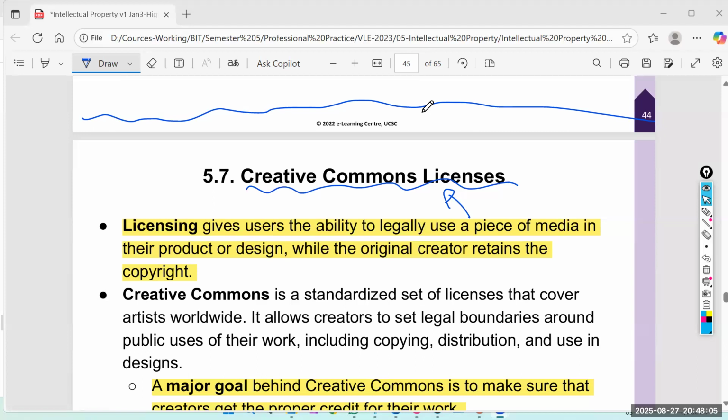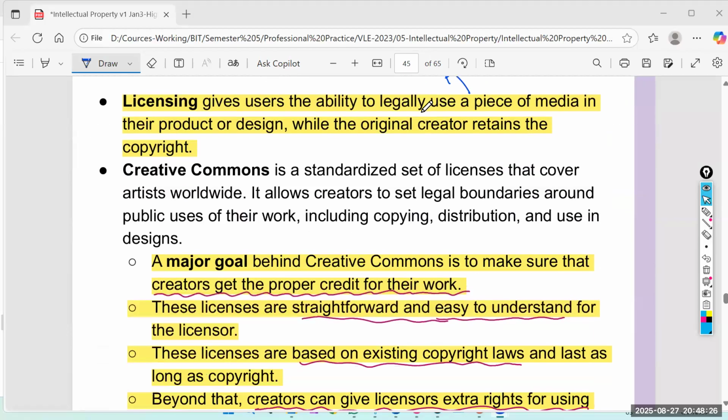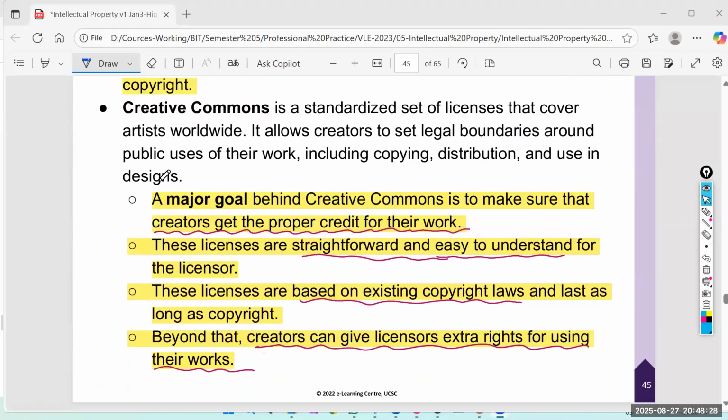Creative Commons licenses use symbols so that anyone can easily understand. Not one symbol, but a set of symbols showing under which type of license you share this, so what you can do and what you can't do. The major goal behind Creative Commons is to make sure that creators get proper credit for their work.